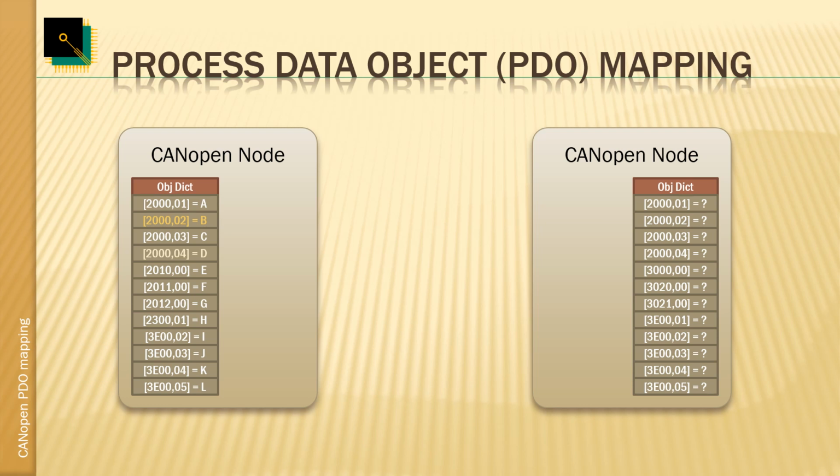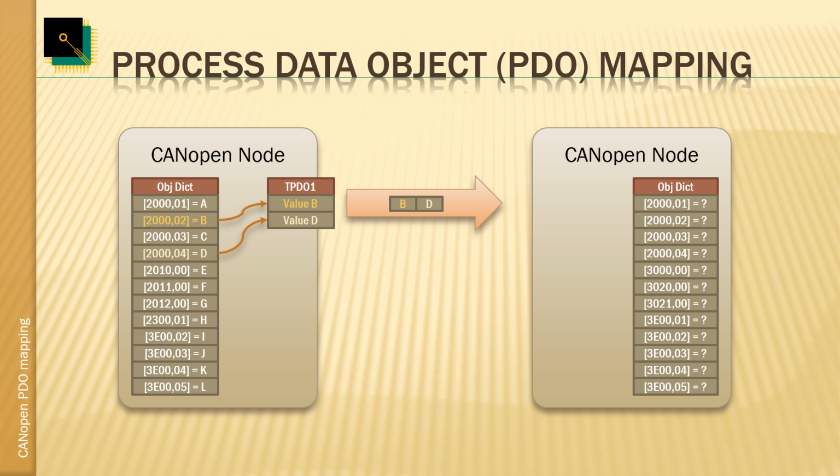For this first example, let's assume we have 2 CANopen nodes with manufacturer-specific entries, an array at 2000 with 4 subindexes, and we'll pick 2 of these elements, put them into a transmit PDO, then the data gets transmitted.